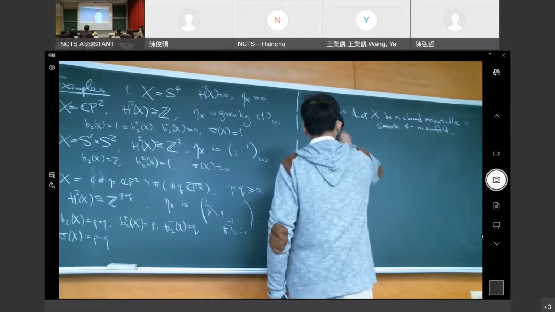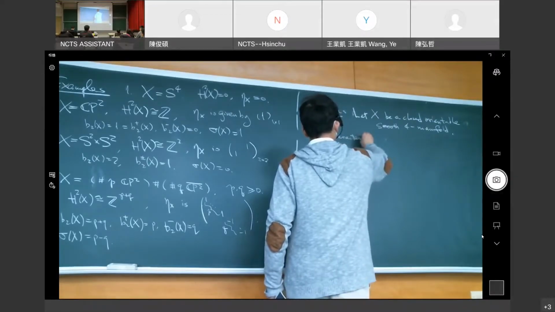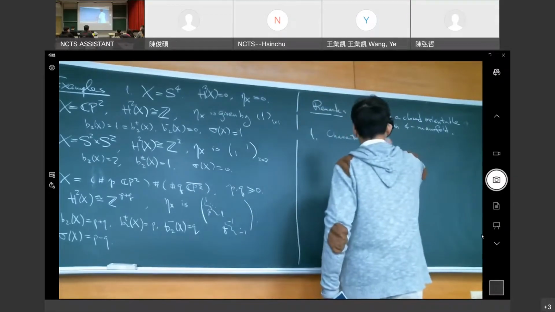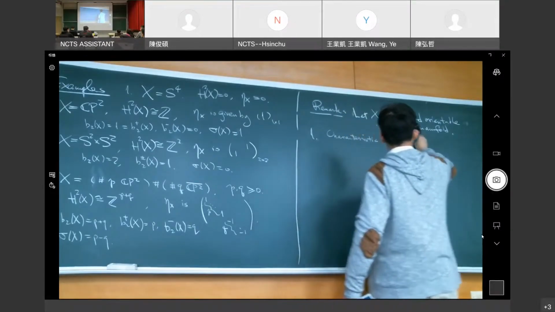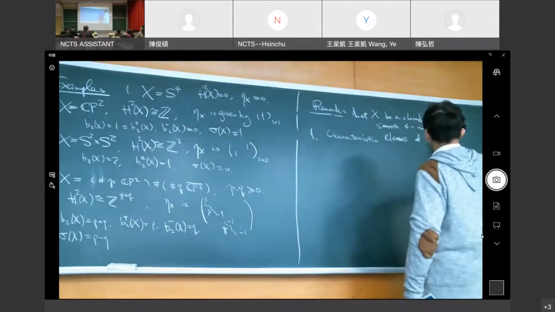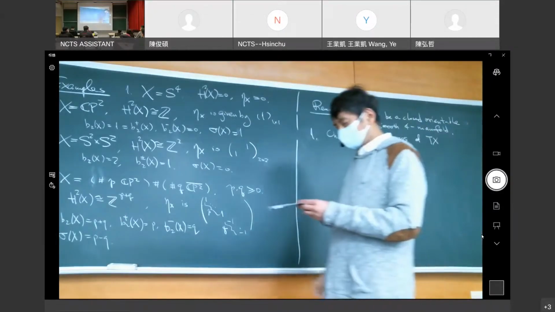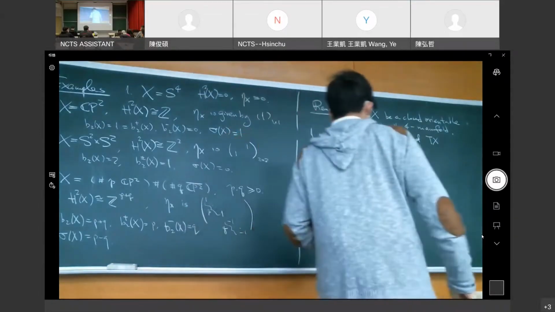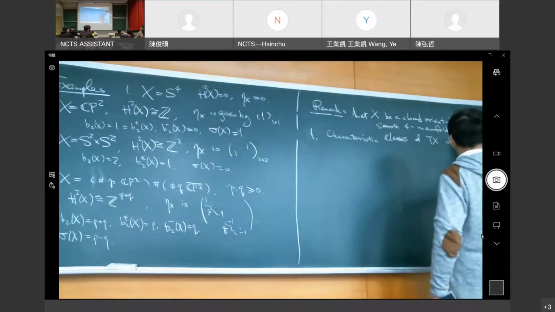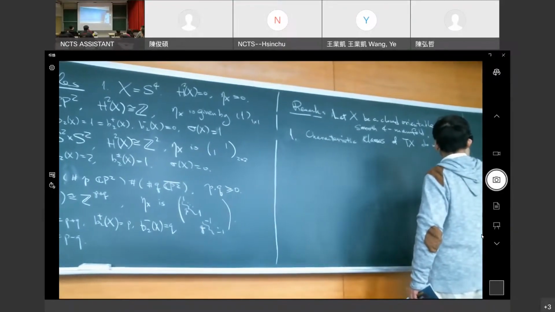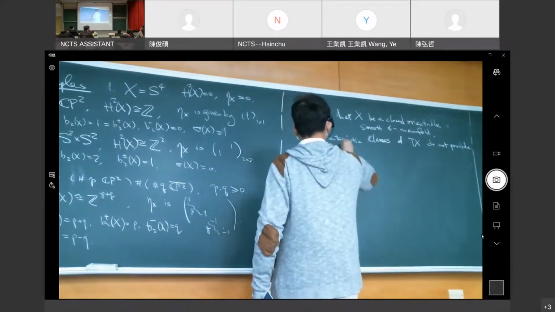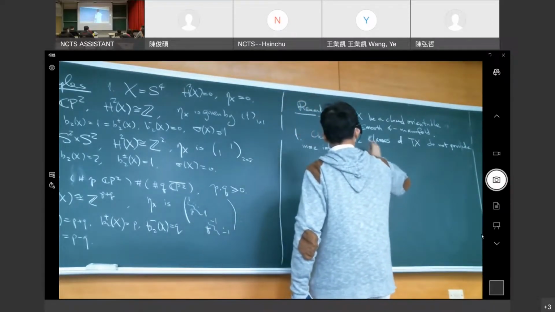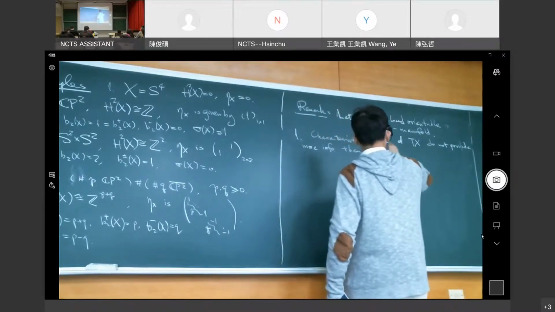So we have characteristic classes. Now, we want to say that the characteristic classes of the tangent bundle do not provide more information than the intersection form, let's say.